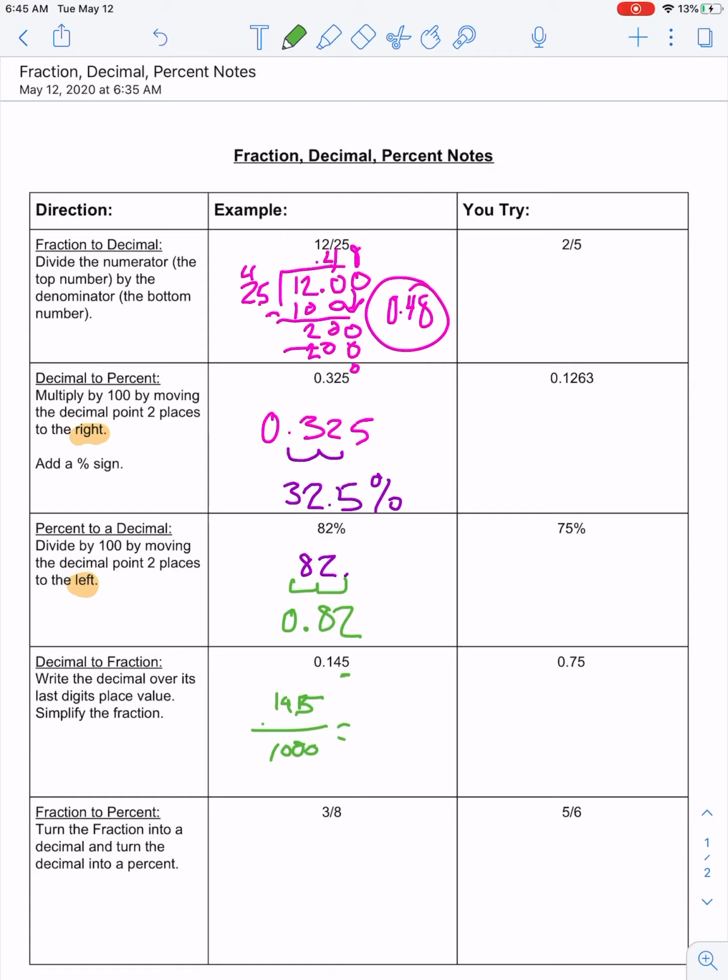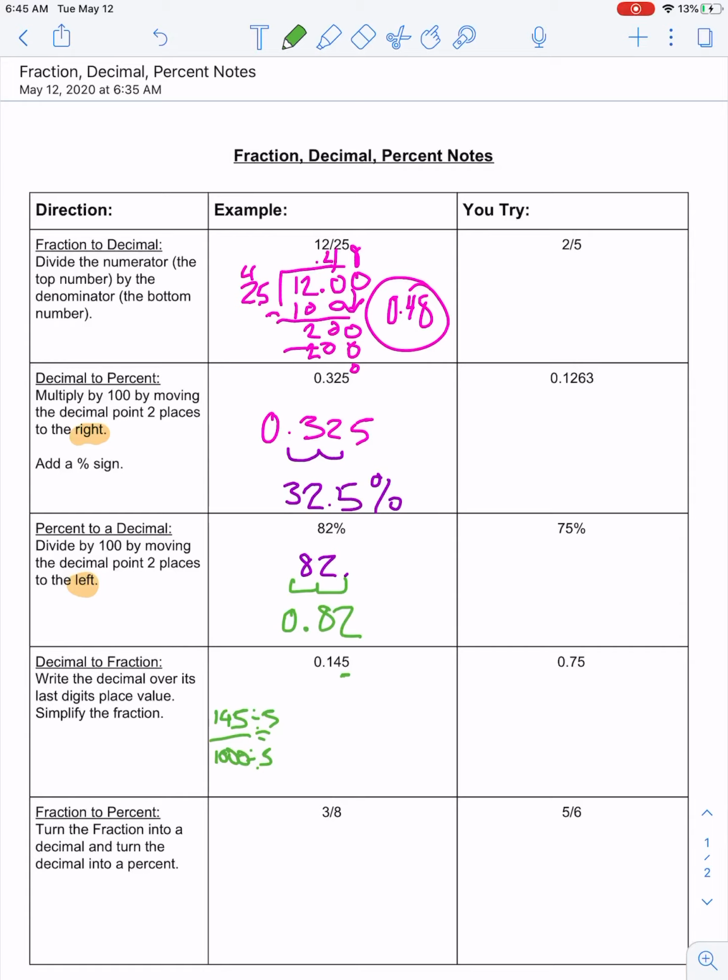Then we need to simplify. So what number would go both into 145 and 1,000? I'm going to rewrite that so I have more room. So we're going to divide. I know that 5 goes into both of them because they end in a 5 and a 0.